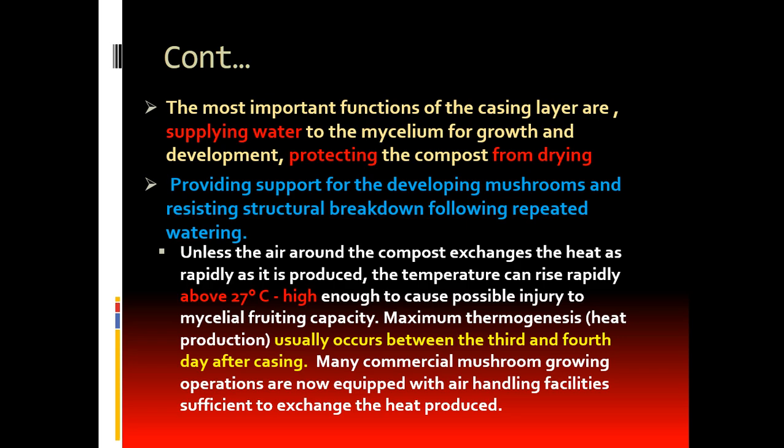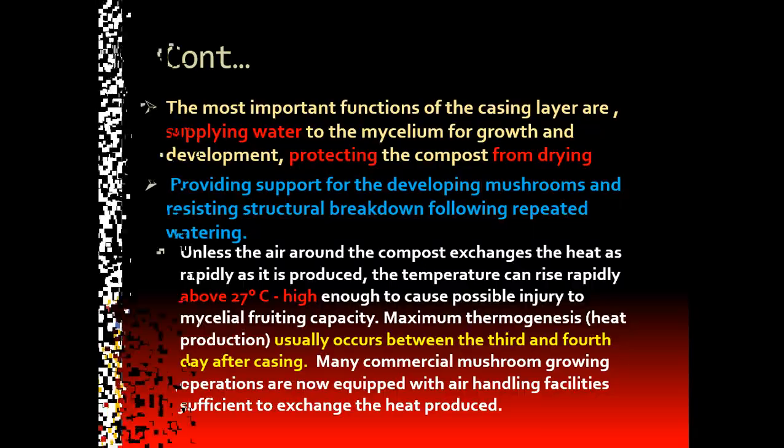Air handling facility means this is the AC facility, air cooling facilities given there and sufficient to exchange the heat produced. It means there is a facility to exchange heat. When heat increases, we want to lower it down.